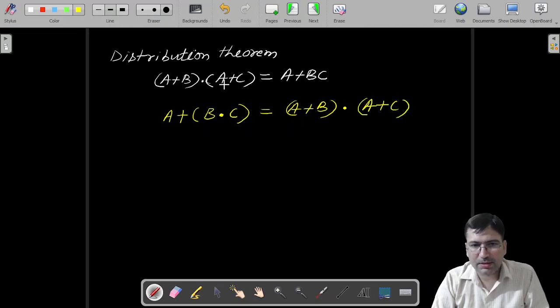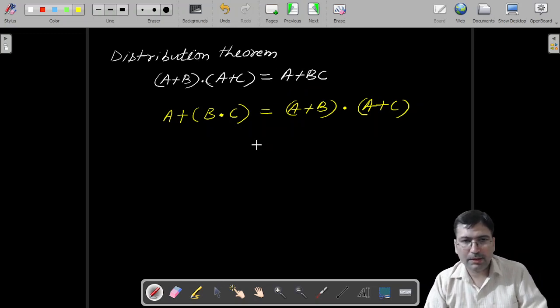And the same thing is written here. So this thing can be written as this, and this is the distribution theorem, as we have already talked about, right?